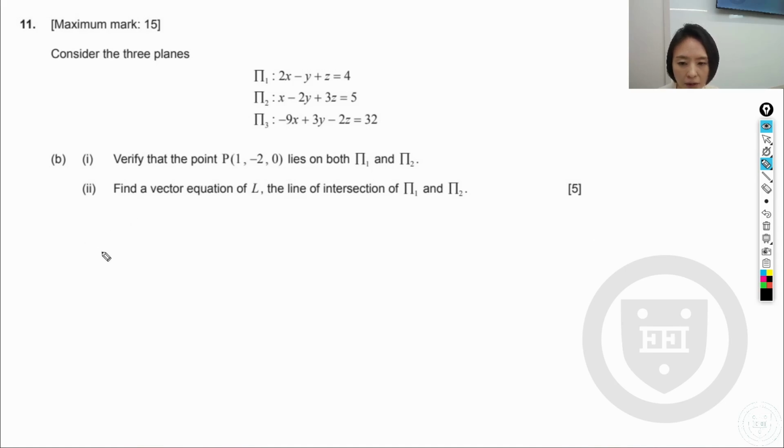And the second part: find the vector equation of L, the line of intersection of pi1 and pi2.